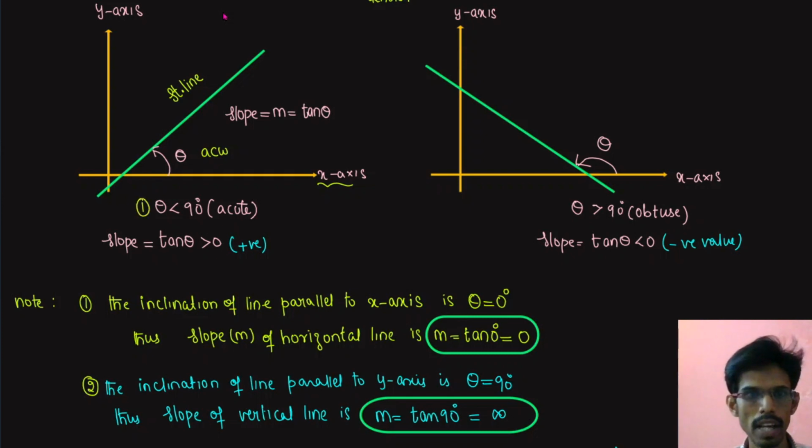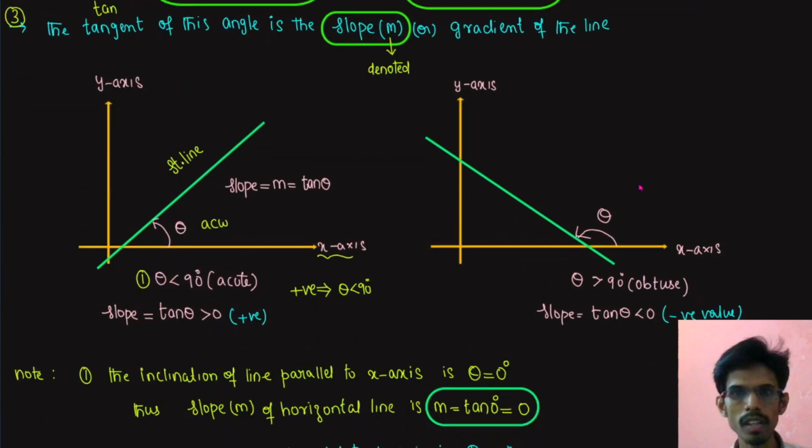See here, this angle is less than 90 degree, so that is an acute angle. Slope is equal to tan theta, the value will be greater than 0. It means that we have a positive slope. So whenever we see the slope positive, it means the angle will be less than 90 degree.